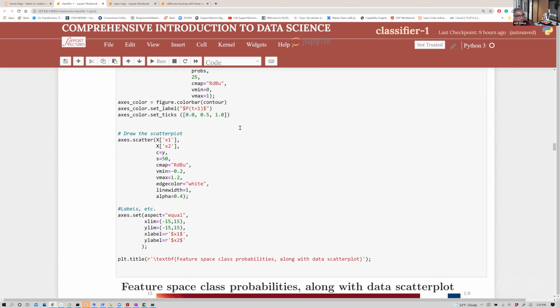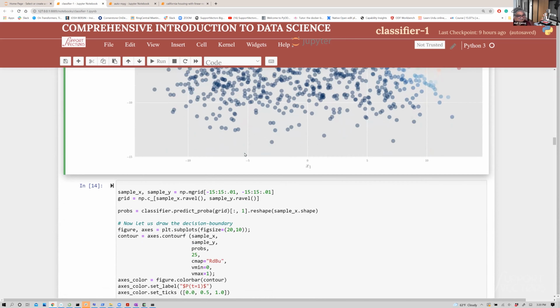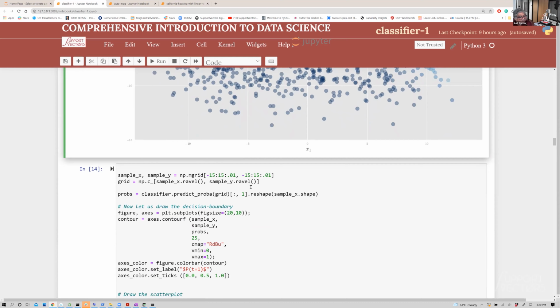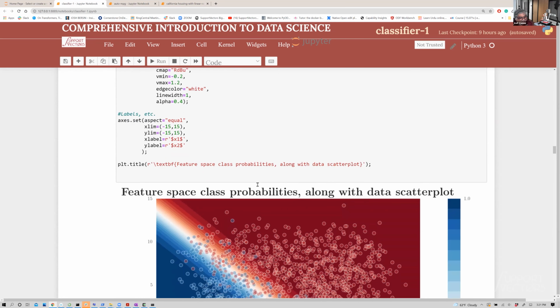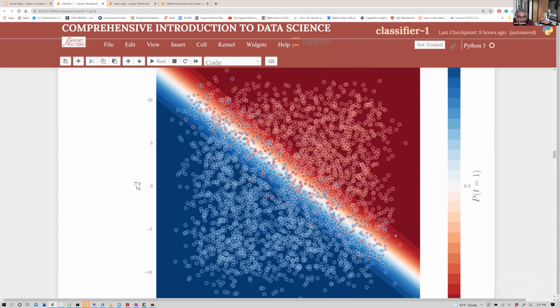Now, what I want to do is see what a decision boundary does. It partitions the feature space into two regions, isn't it? For class A and for class B, like for red and for blue. So let's see how well it did. And this visualization I find actually more useful because it shows to me different regions of the feature space. Now, do you see the linear nature of the classifier?